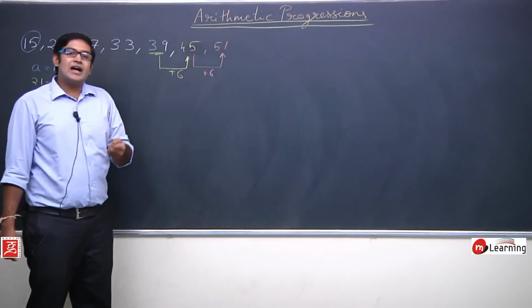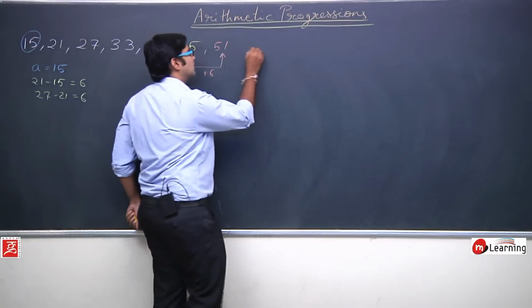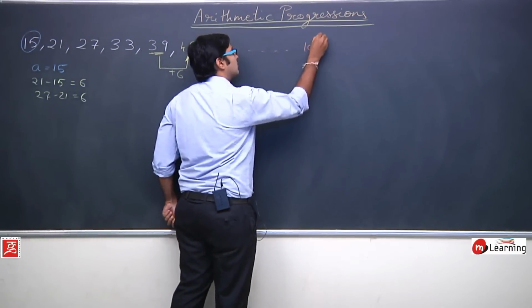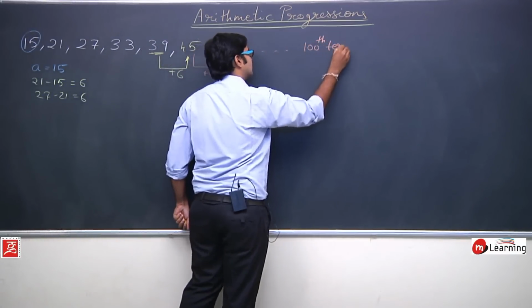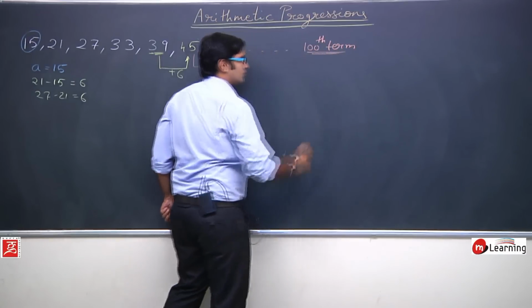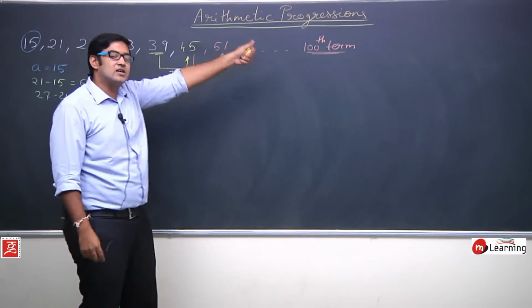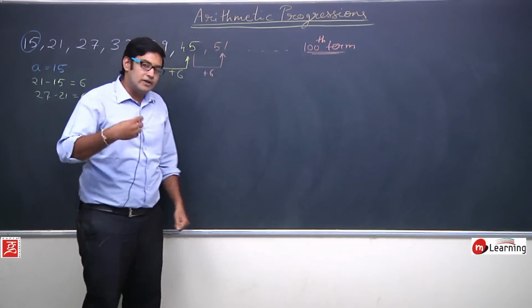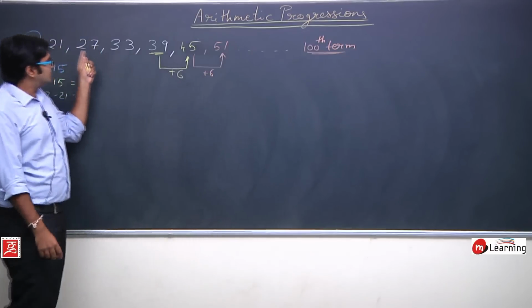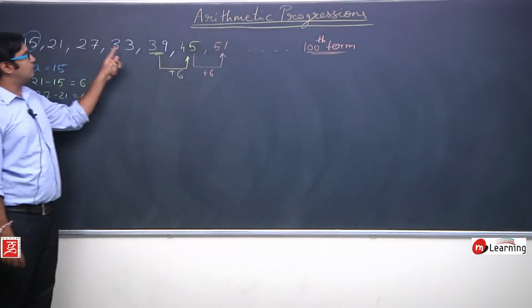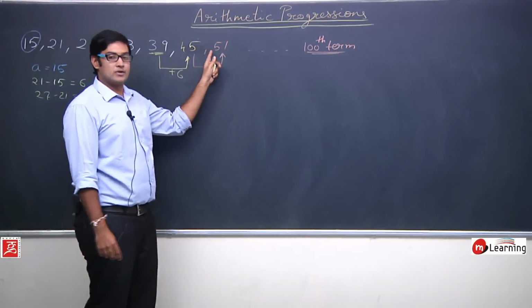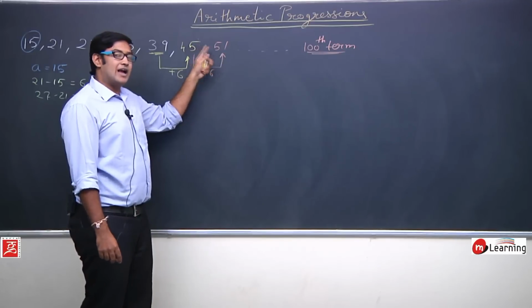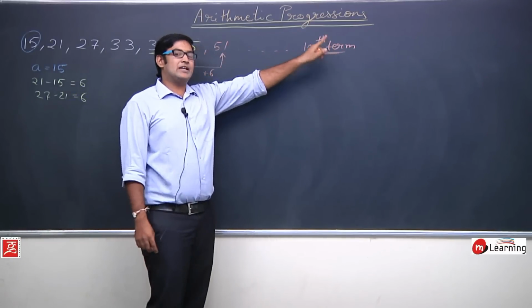But if I ask you to write the 100th term of this arithmetic progression, if I ask you what is the 100th term of this AP, what will you do? This is the first term, this is the second, third, fourth, fifth, sixth and seventh term. So we are on the seventh term, and we need to determine the 100th term.